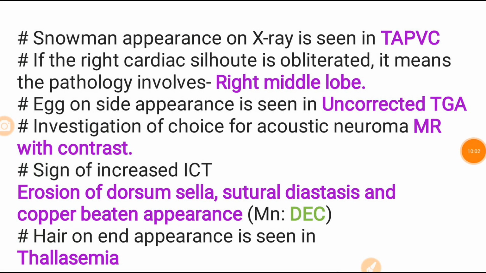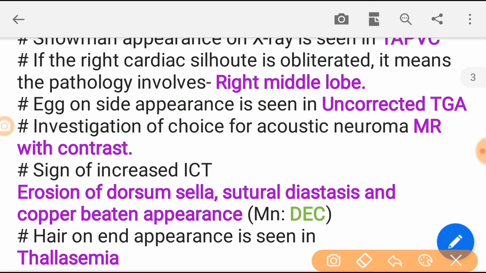If the right cardiac border is obliterated, it means the pathology involves the right middle lobe.